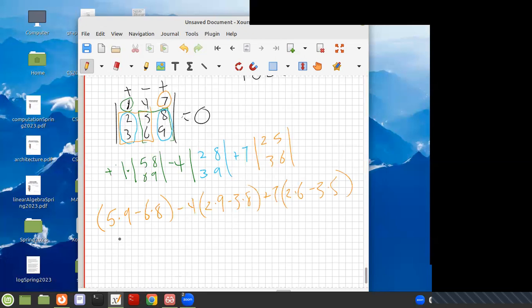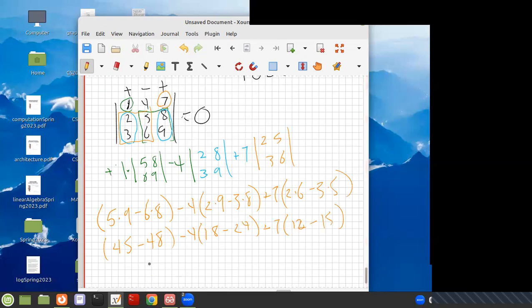Let's see, 5 9s is 45, 6 8s is 48, 2 9s is 18, 3 8s is 24, 2 sixes is 12, minus 3 fives is 15.